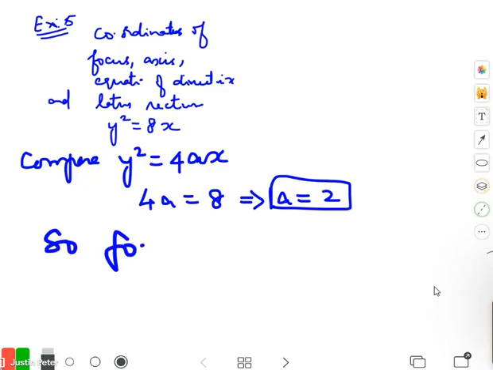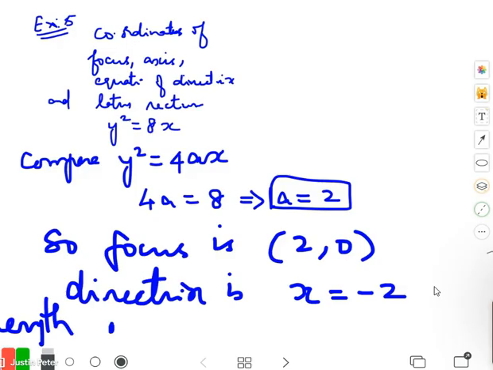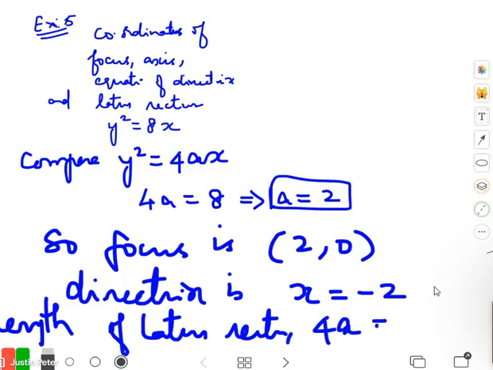And what will be the directrix? x is equal to minus 2 or x plus 2 is equal to 0. We can say anything, it is fine. What will be the length of the latus rectum? 4 into a, that is equal to 4 into 2, or 8.